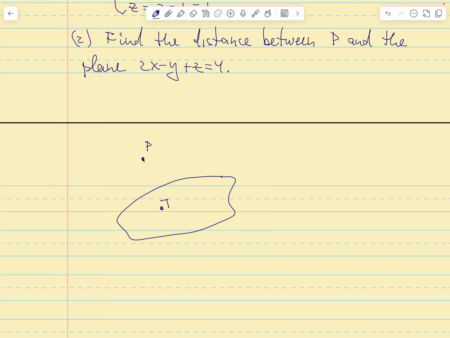So this length is my distance. Well, another way to think about it, I can find the equation of a line L, which passes through P and is perpendicular to the plane.